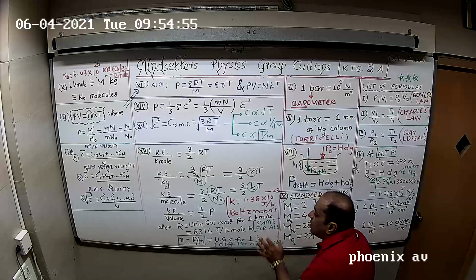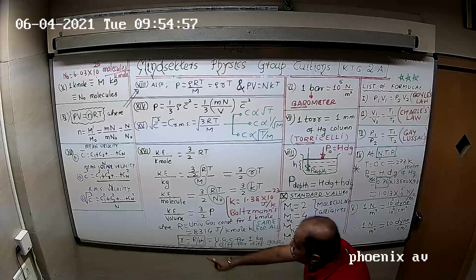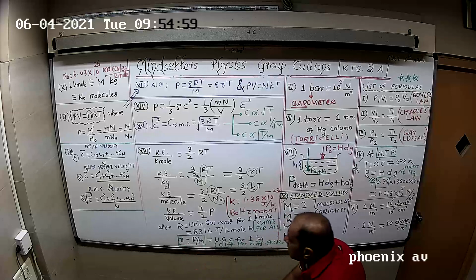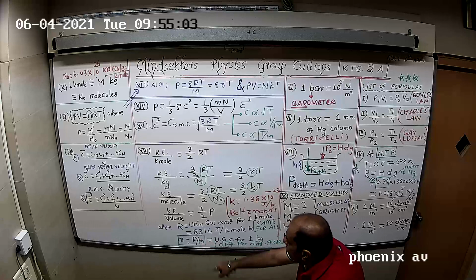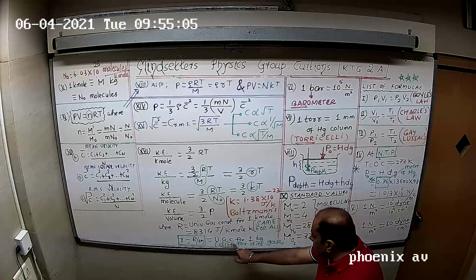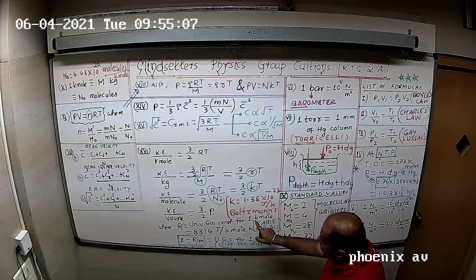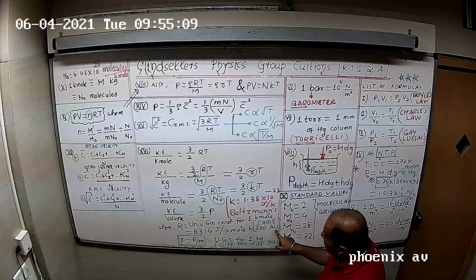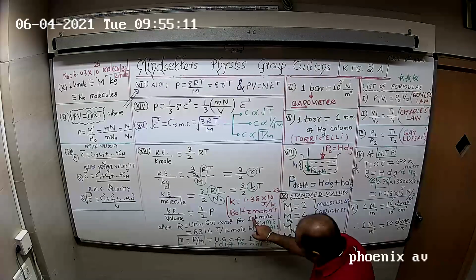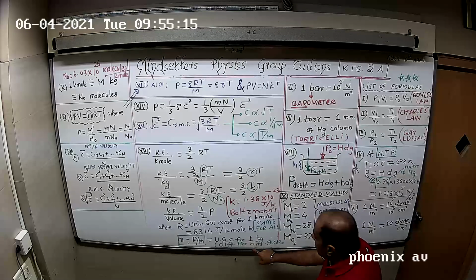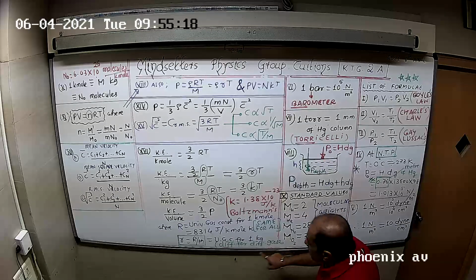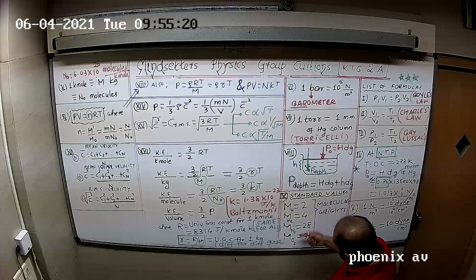It is same for all the gases. But if I write small r, it is capital R upon n, that means universal gas constant upon molecular weight. It is called universal gas constant for 1 kilogram of a gas. This was for 1 kilomole, which is same for all the gases, but this is for 1 kilogram, which differs from gas to gas because molecular weight differs from gas to gas.